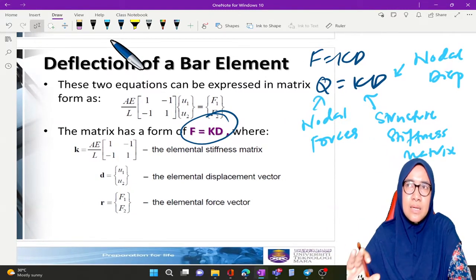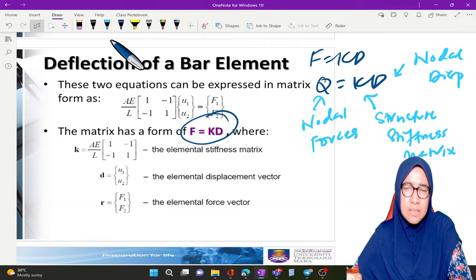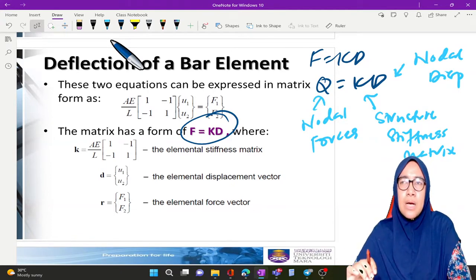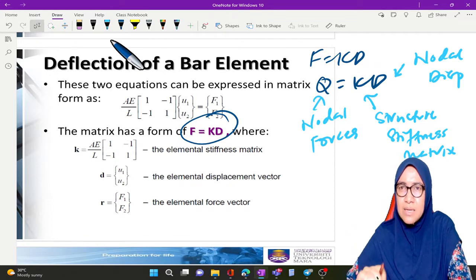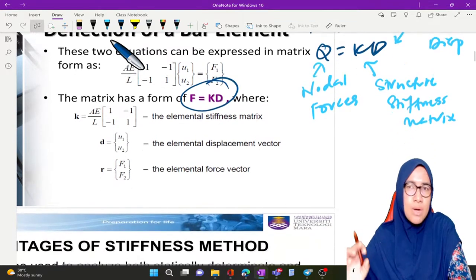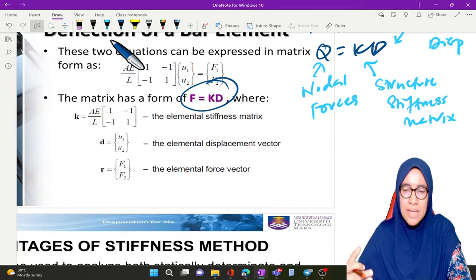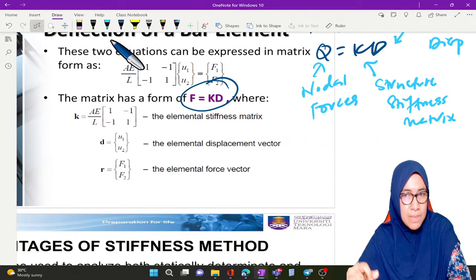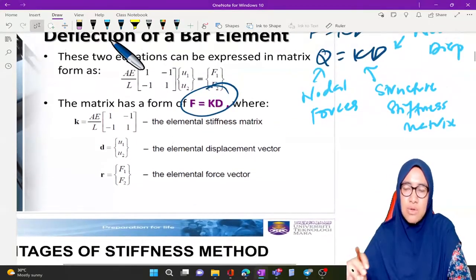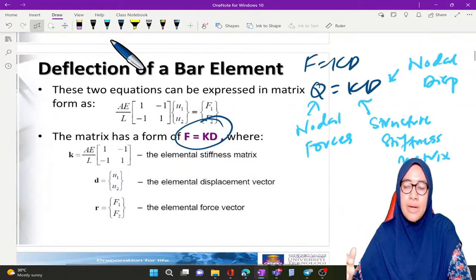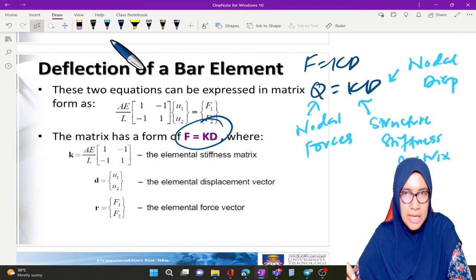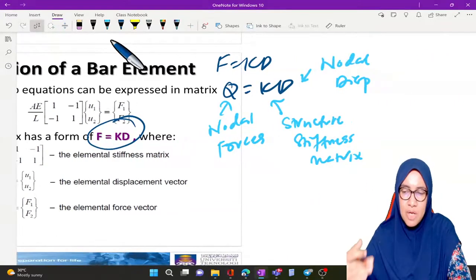The stiffness method is the easiest. So I don't want to threaten you about all the concepts written in this bar element. Just focus on the key point, the force displacement equation: Q is equal to KD. So what is Q, what is K, what is D, as I have written here.